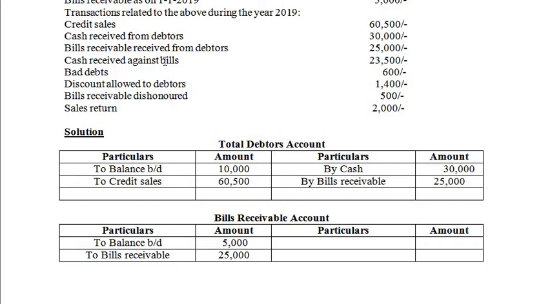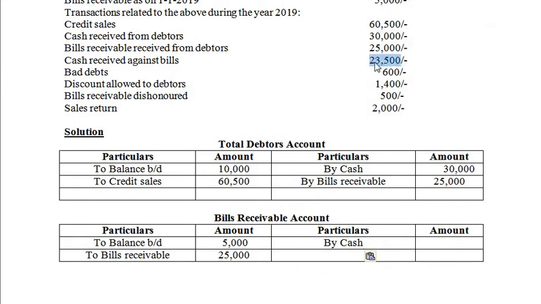Now when you are receiving the cash against bills, this is nothing but cash received. And where will this come? It is directly saying cash received against bills, so it will come to the bills receivable account. Okay, so by cash, and then what is the amount?